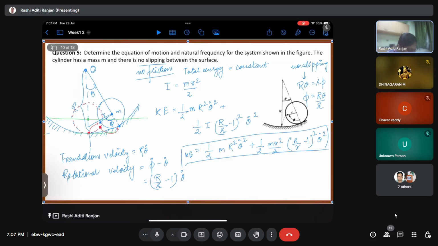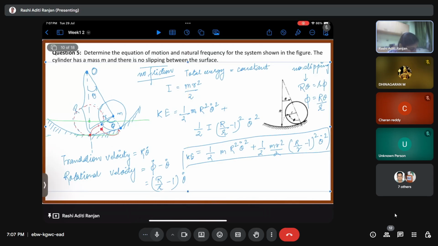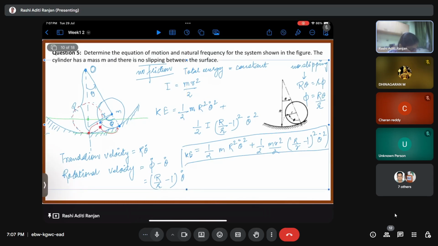Earlier the center was here, and now it has gone here, so we need to find this distance in order to find the potential energy.